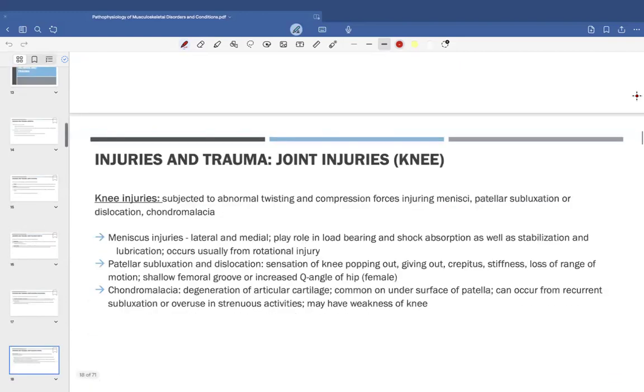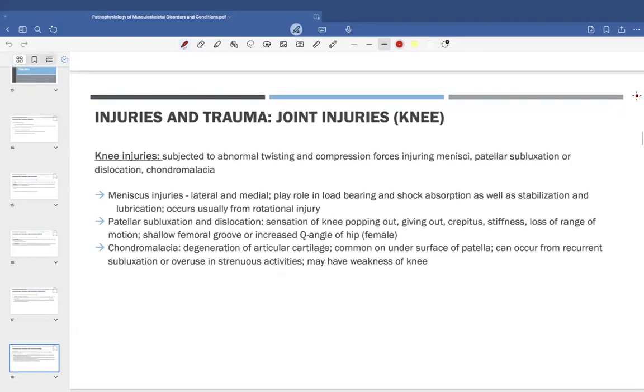Knee injuries. Again, especially subject to twisting, also compression forces from jumping and landing. You have the two articulating main bones, your femur and your tibia.